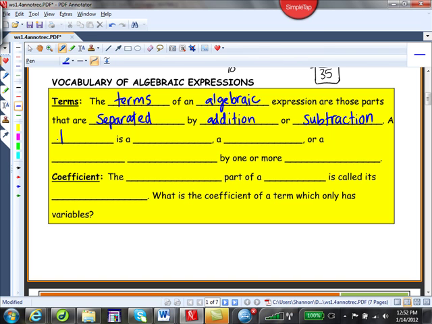A term is a number, a variable, or a number multiplied by one or more variables.